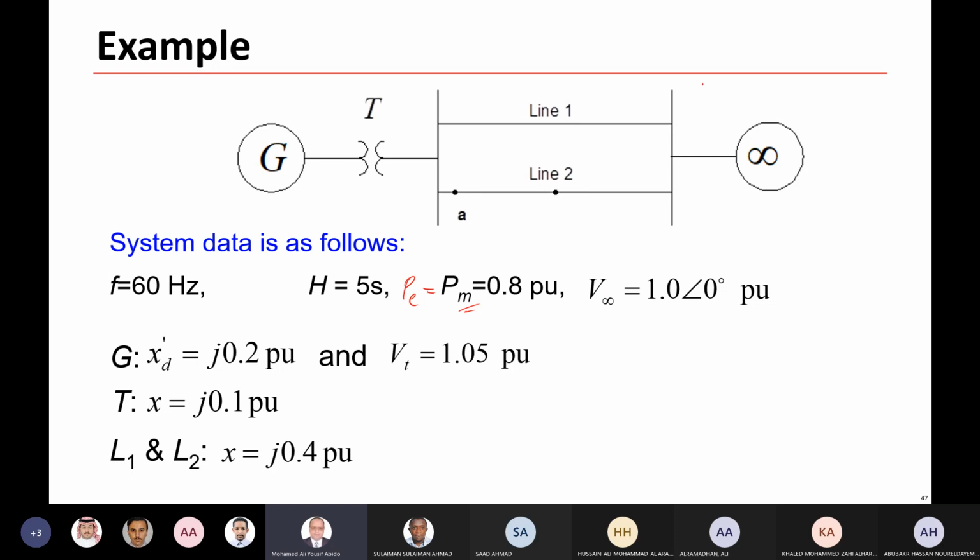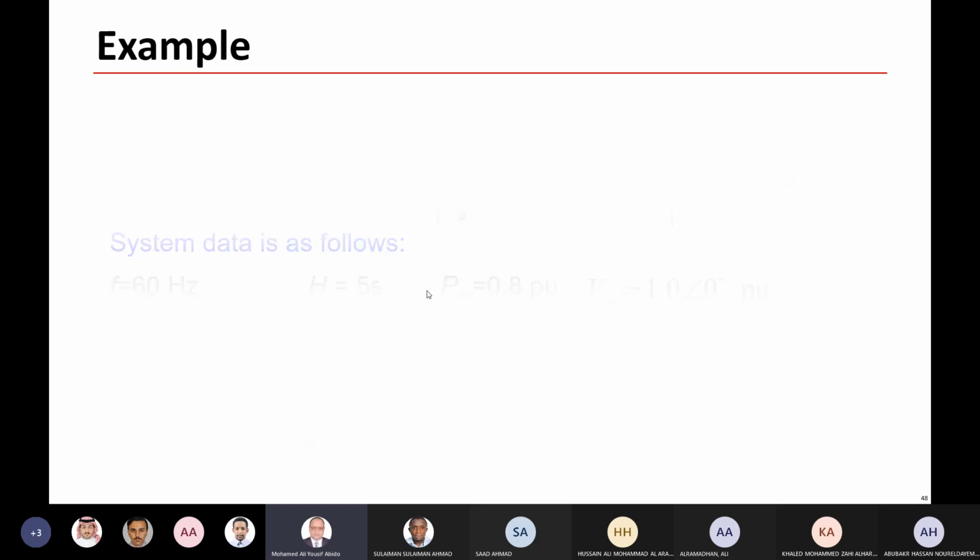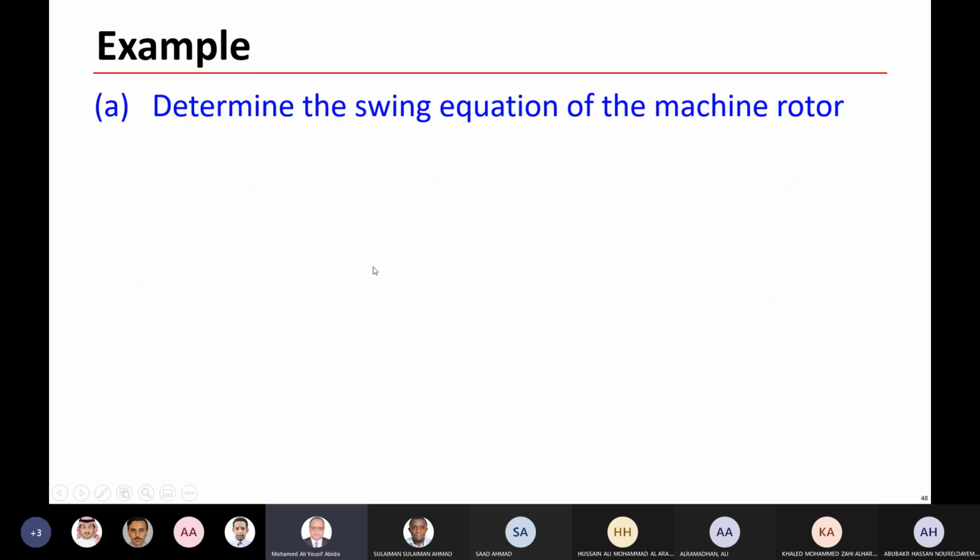This is the infinite bus voltage, 1 with angle 0 reference. And this is a generator, X_d prime, the internal impedance of the machine, and the X of the transformer. Line 1 and line 2 has an impedance equal to 0.4. So what is required?